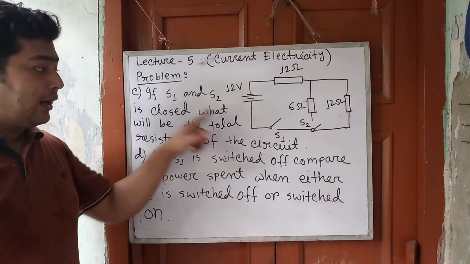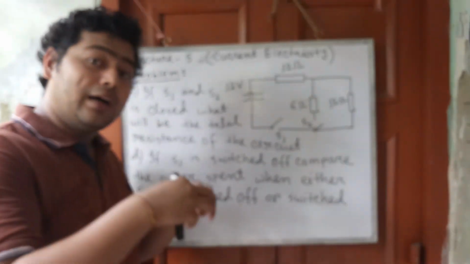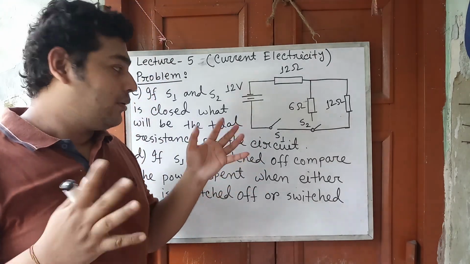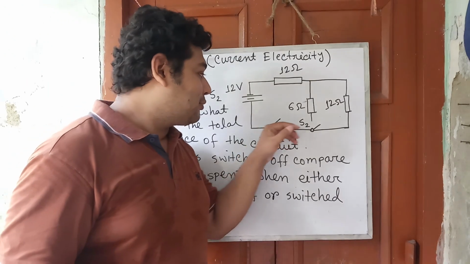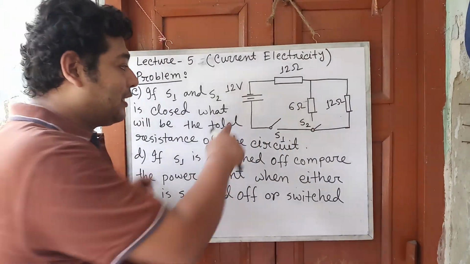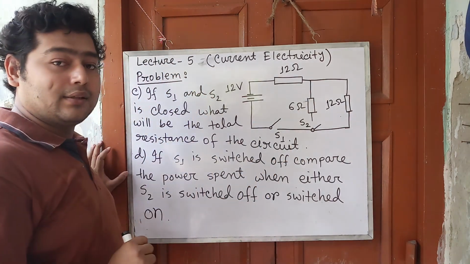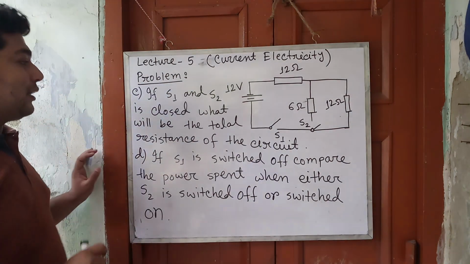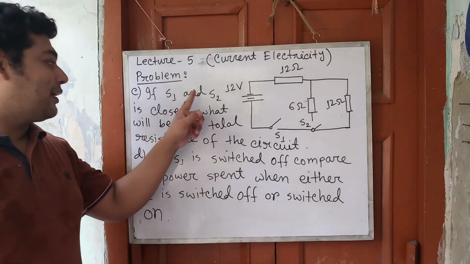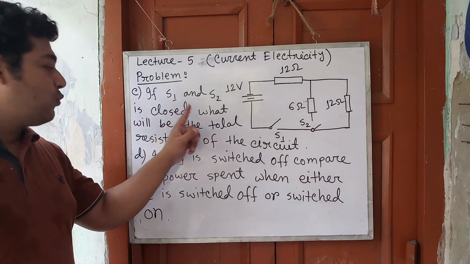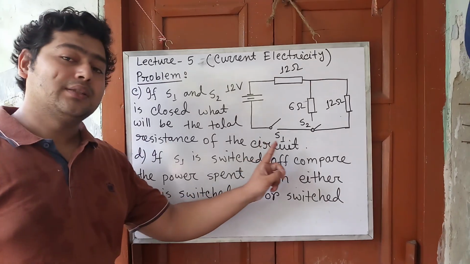In this system we can see that S1 and S2 are open. If S1 and S2 are open, then there is no current flow through the circuit. Then our question is, if S1 and S2 are closed, what will be the total resistance of the circuit?